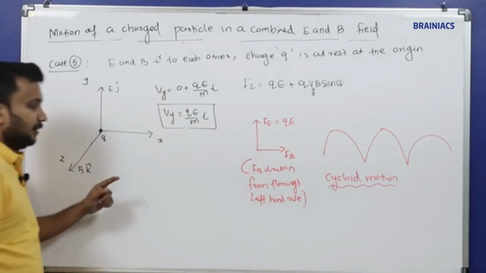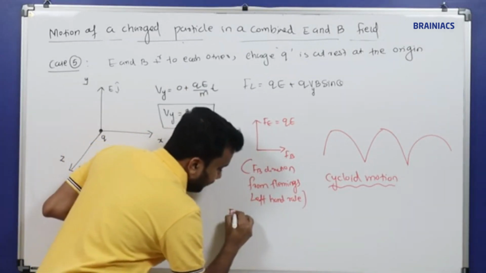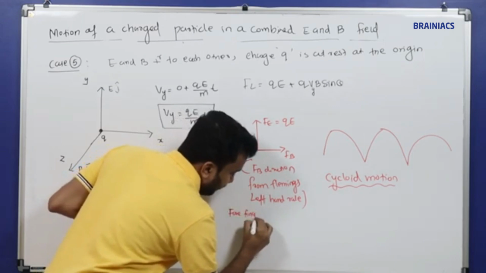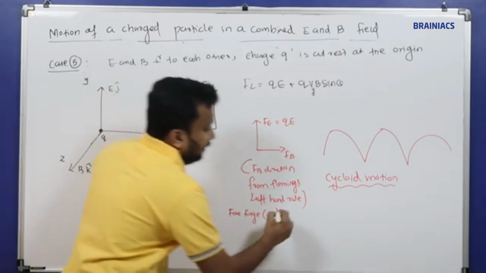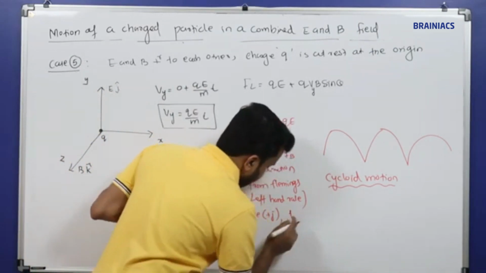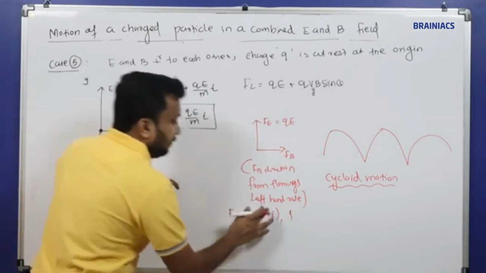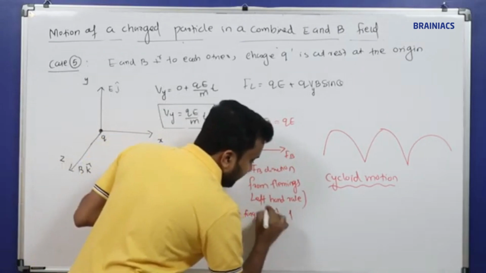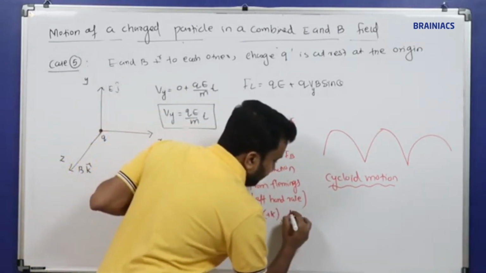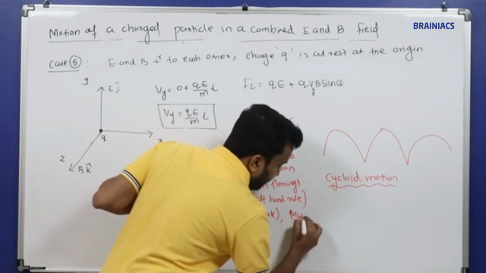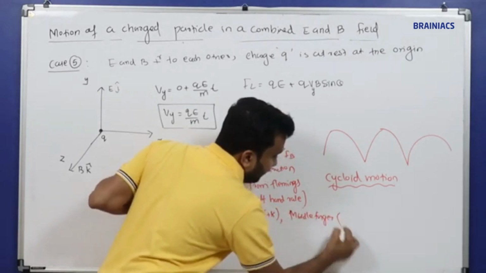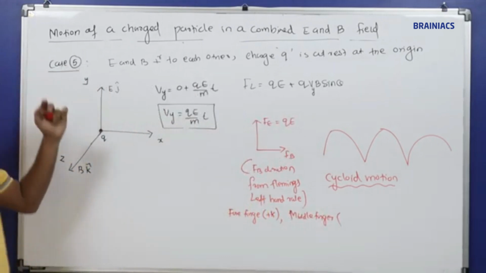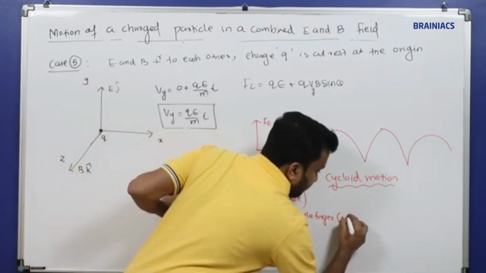In Fleming's left hand rule, what direction does the forefinger point? The forefinger represents the magnetic field. What direction is the magnetic field? Plus K direction. And the middle finger represents the direction of the velocity. In what direction? The direction of velocity, so positive J.